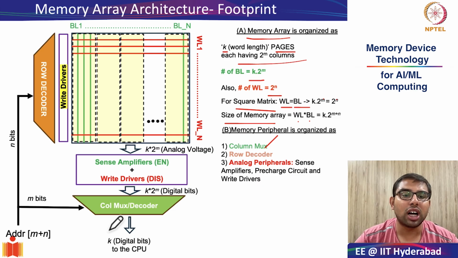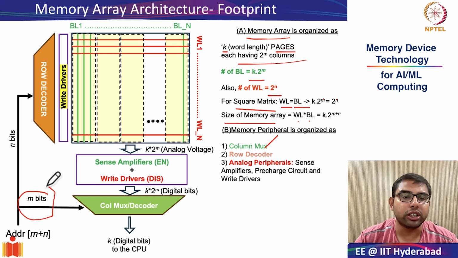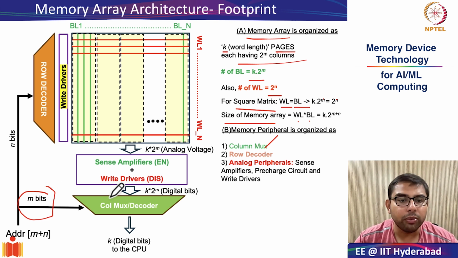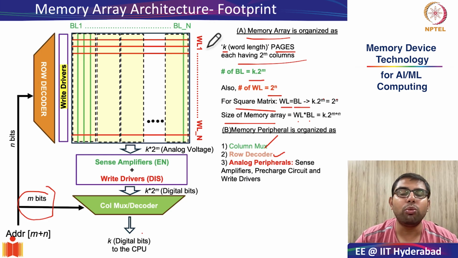So the column mux took K times 2 to the power of M digital bits, and depending on the address that was asserted, you are able to either read or write just K bits. Next is your row decoder. The job of the row decoder was to select which one of the word lines is to be enabled or selected for the readout or write.